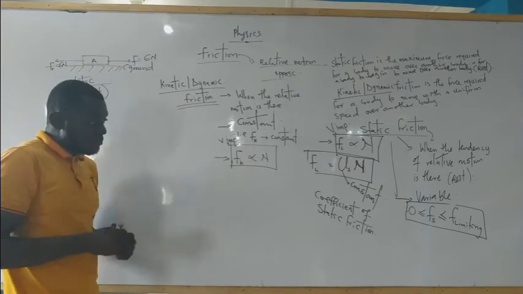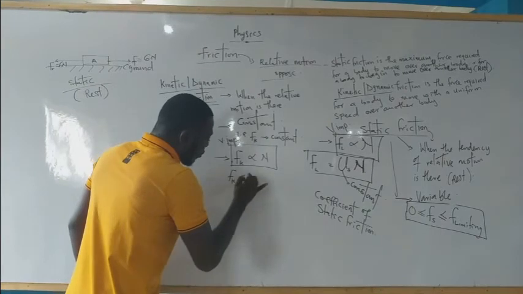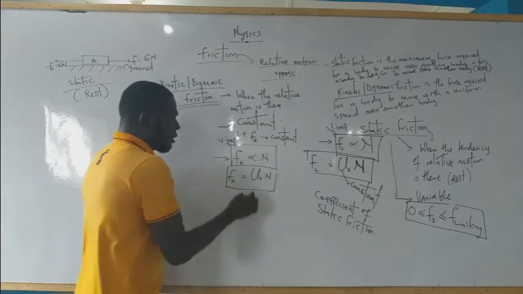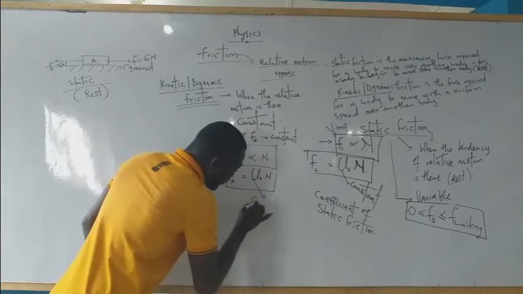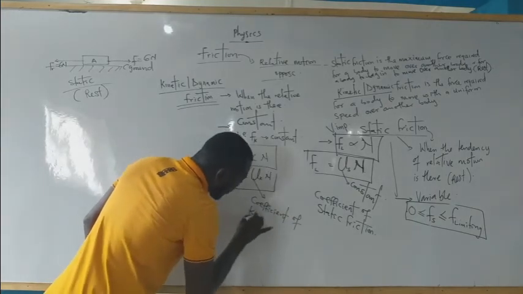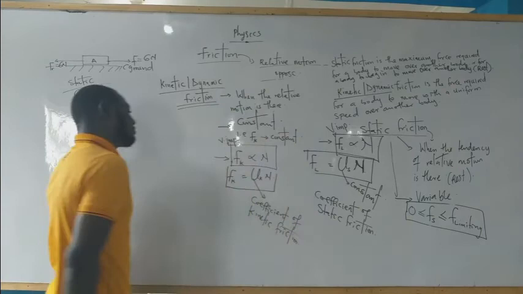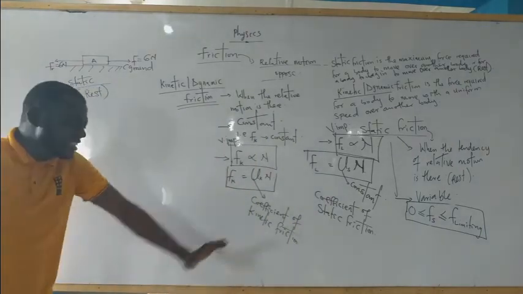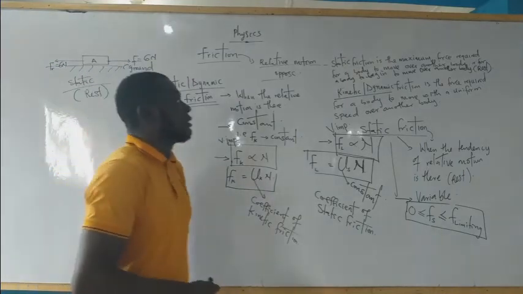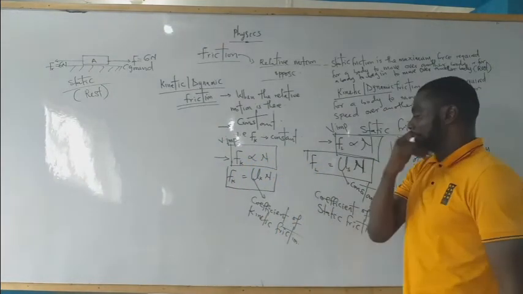So we can have FK equals mu k times N, where mu k is the coefficient of kinetic friction. Mu is the name of the symbol, which we use U to represent.